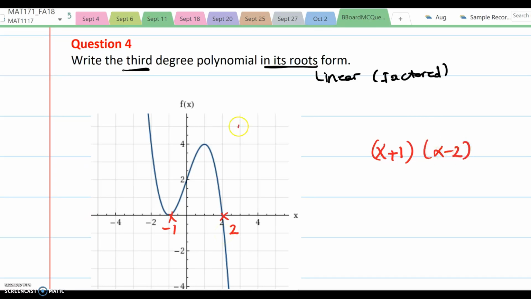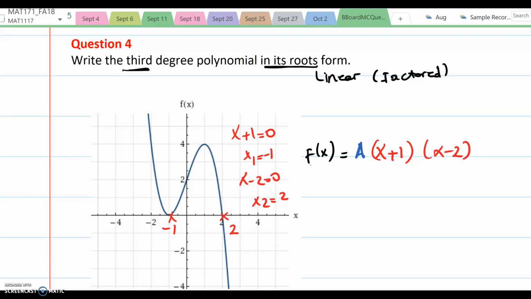Because when x + 1 equals 0, that will be one root, and x - 2 equals 0 will be the other root. So these factors will be multiplied by a coefficient a, and this will be equal to my polynomial. However, we need to look at some multiplicities.